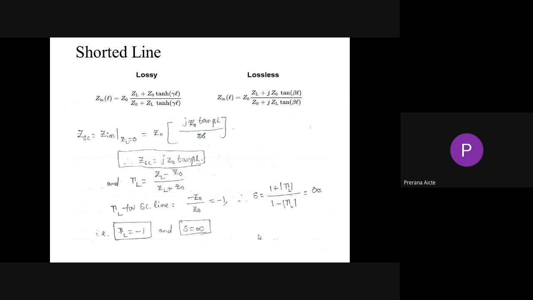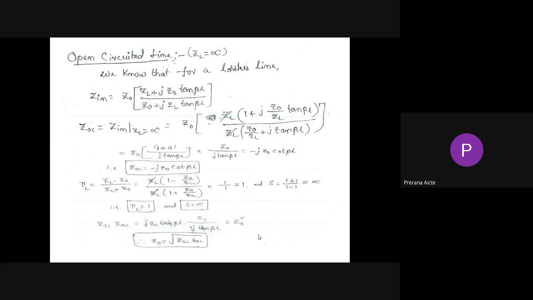Substituting this, the reflection coefficient delta L is -1 and the standing wave ratio is infinity. Whereas in an open circuit transmission line, the load impedance is infinity, the corresponding reflection coefficient is 1 and the standing wave ratio is infinity.